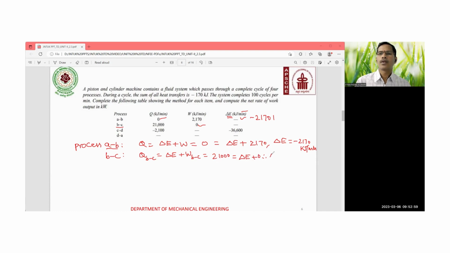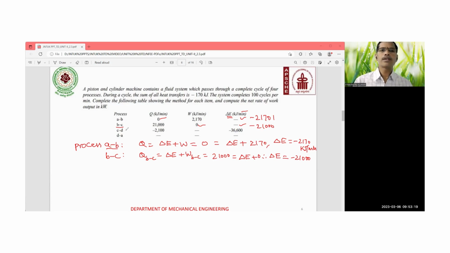Therefore, delta E is equal to 21,000 kilojoule per minute, so this cell is filled with 21,000 kilojoule per minute.